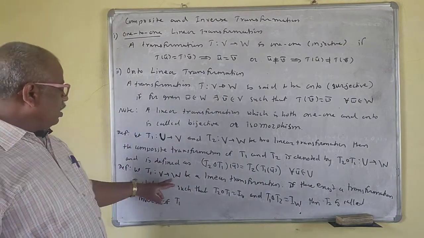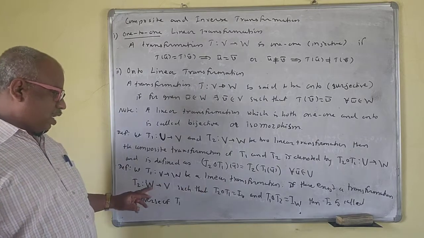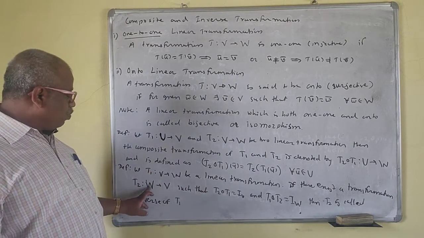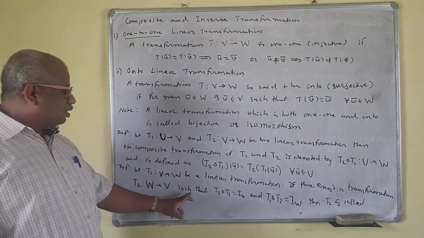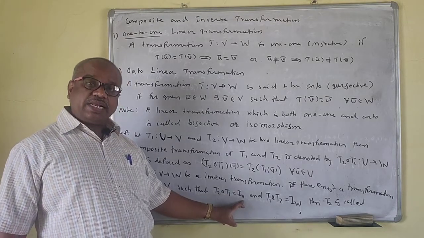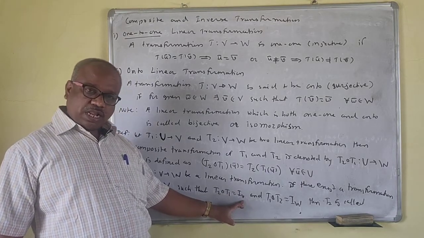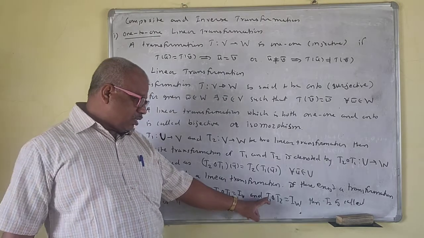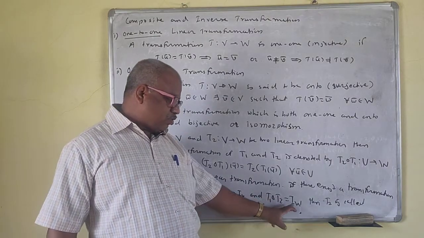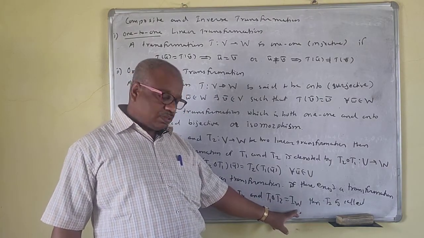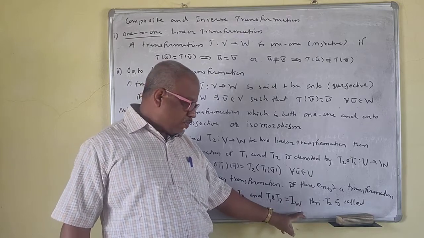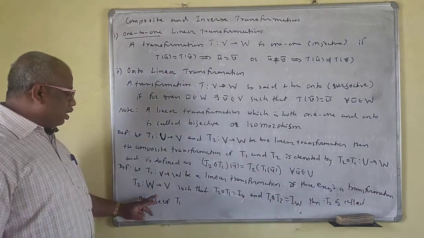Now, T1 is a linear transformation from V to W. If there exists a transformation T2 from W to V such that T2 compose T1 is the identity operation on V, and T1 compose T2 is the identity linear transformation on W, then T2 is called the inverse of T1.